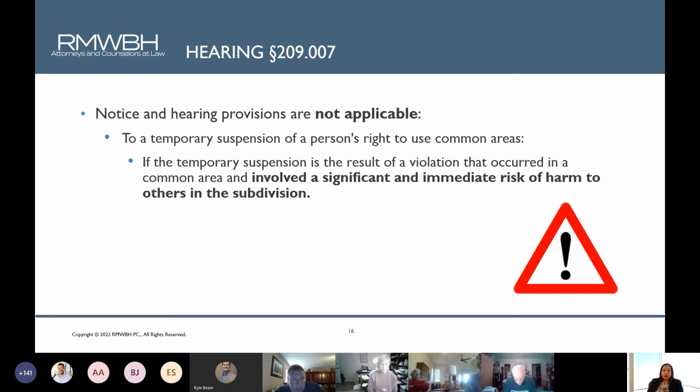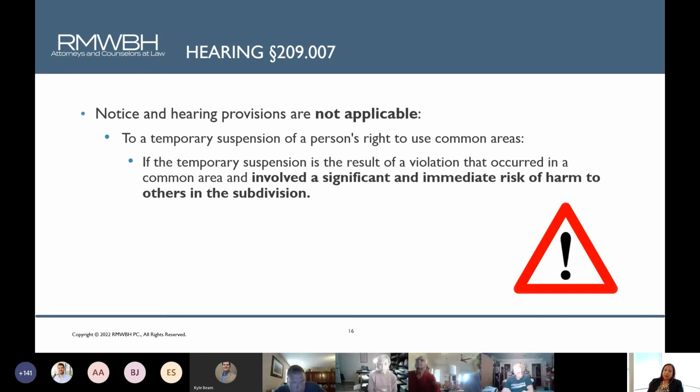But if a homeowner does something that involves a significant and immediate risk of harm to others in the subdivision, then the association can immediately suspend privileges. It doesn't have to be for non-payment of assessments. It doesn't have to be about some specific non-compliance issue. It's that immediate risk that triggers the suspension without notice and hearing.